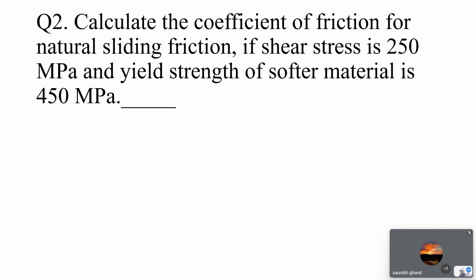You know the formula: mu is equal to tau by sigma, because we are in the natural sliding friction zone.